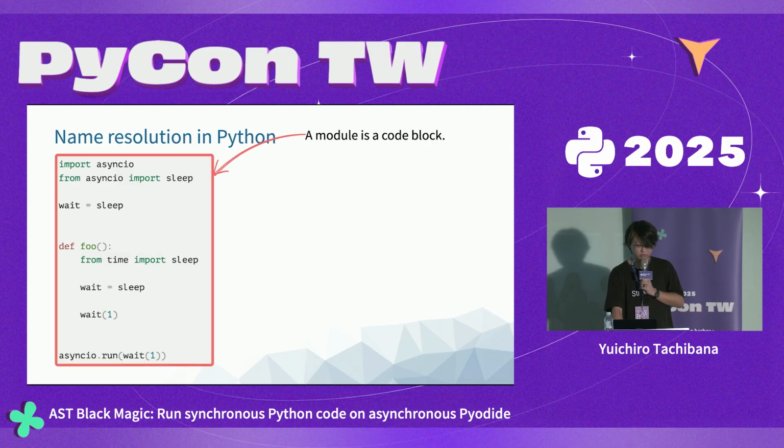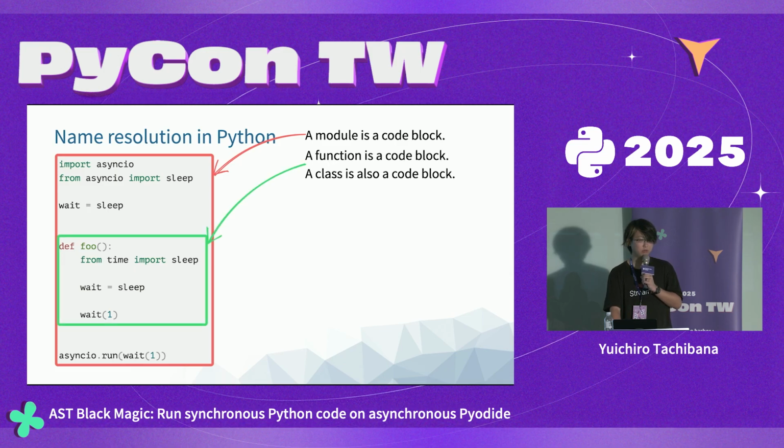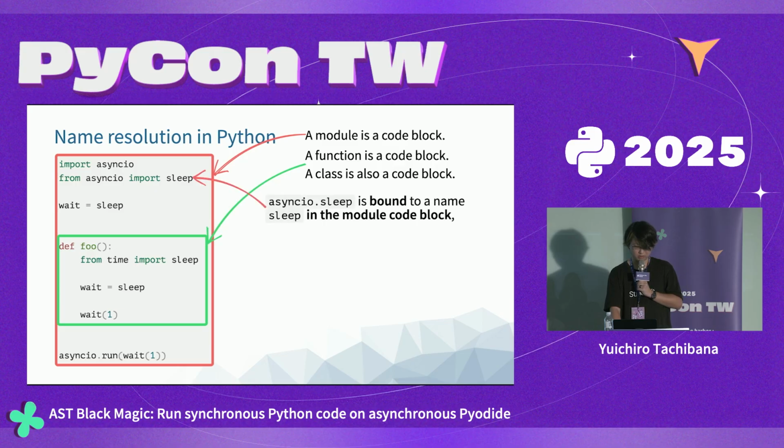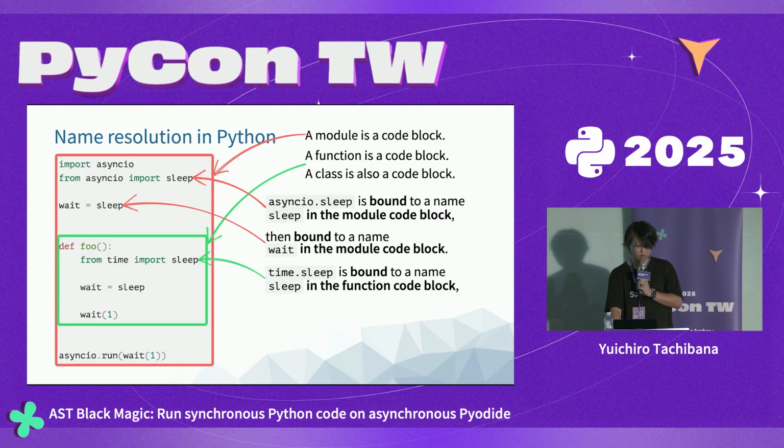The outermost scope is a module that is considered a code block. And a function or class is also a code block. And when you import something, the imported object is bound to a name inside this code block. And when it's assigned to some variable, it's also bound to a new name in this scope or code block.